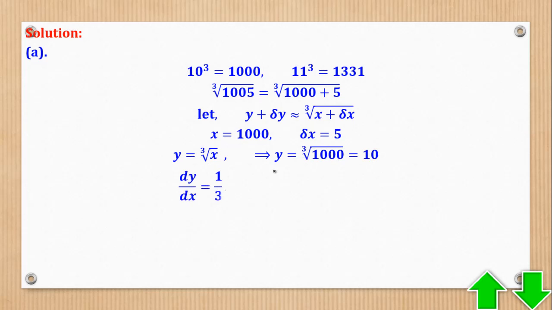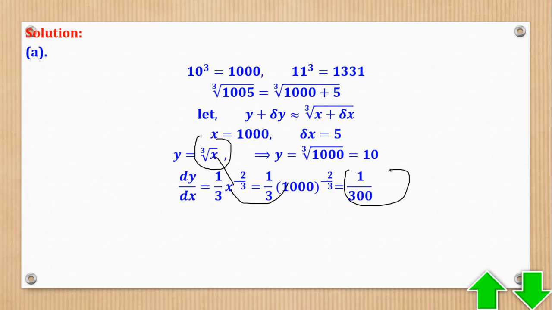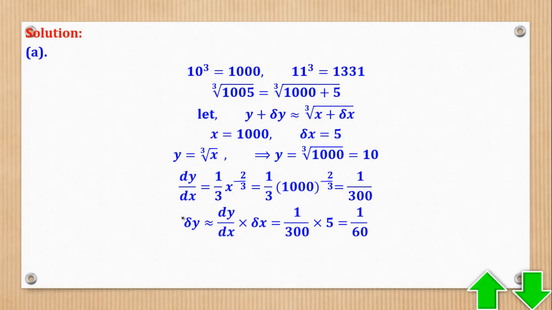Then differentiate this to come up with this, then substitute for x to come up with that. Therefore, you can use that small change in y approximates to dy/dx times small change in x, substitute for dy/dx and also for small change in x to come up with 1/60.